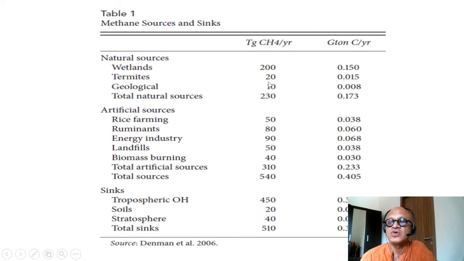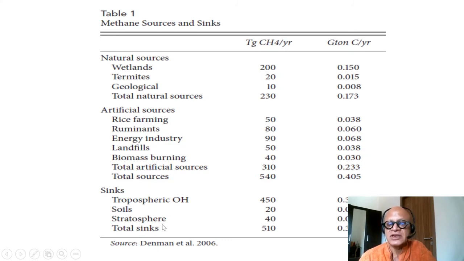Geological sources, total number of sources here is about 230. Artificial sources will include rice farming, ruminants, energy industry, landfills, biomass burning, and then the total of artificial sources, and the total of this plus this in terms of gigaton carbon. And there are sinks. We will look at the tropospheric hydroxyl radical, which is called the detergent of the atmosphere, because it is an incredibly reactive radical which uses up all kinds of species to wash out the atmosphere.